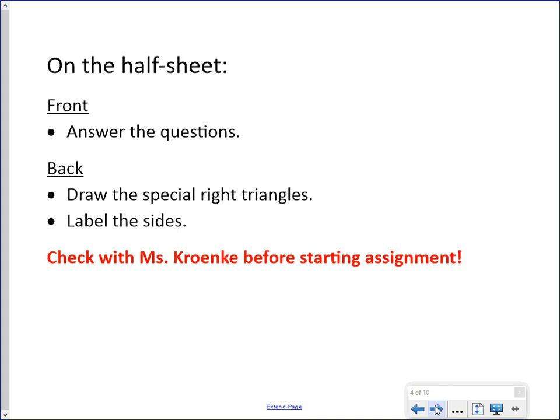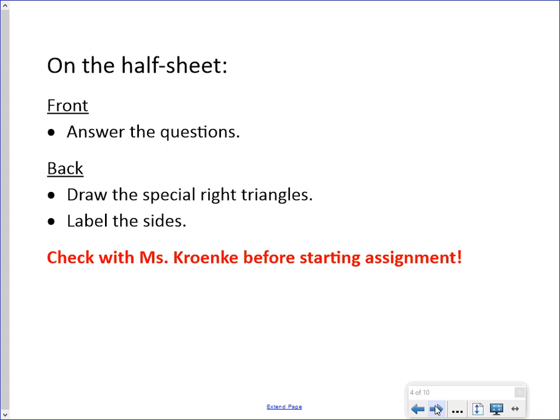I'm going to give you a half sheet all about right triangle trigonometry. These are going to be your notes for the rest of this section, so I would maybe put these into your notebook. I'll put the tape back out at the desk. On the front side, you're just going to answer the questions about the triangles, and you can work with your group members and talk and check and make sure that you agree.